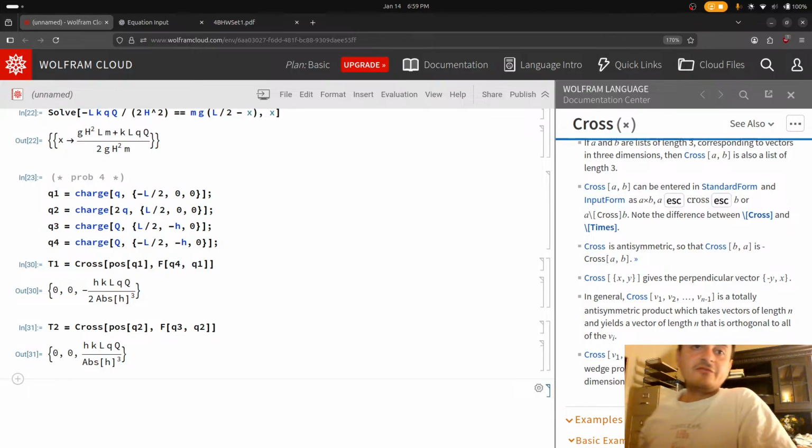Okay, so first we need the forces on the rod. The forces on the rod are going to be the gravity causing tension.